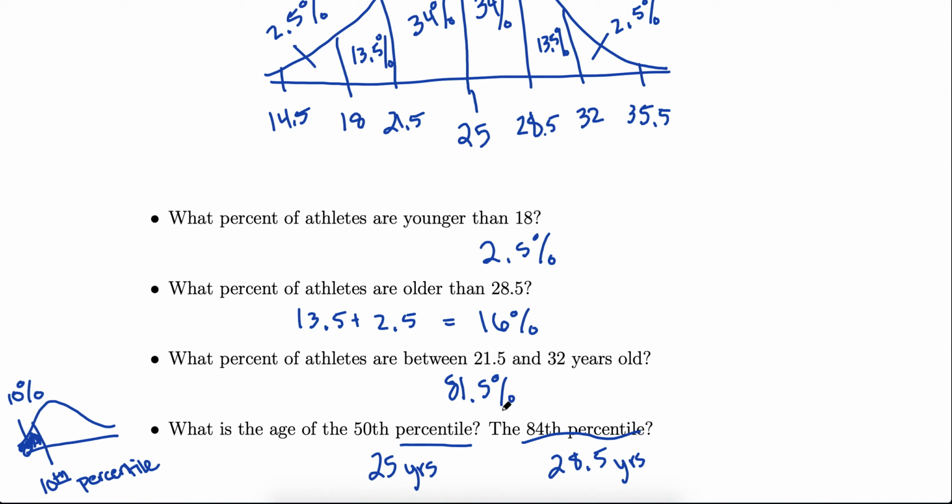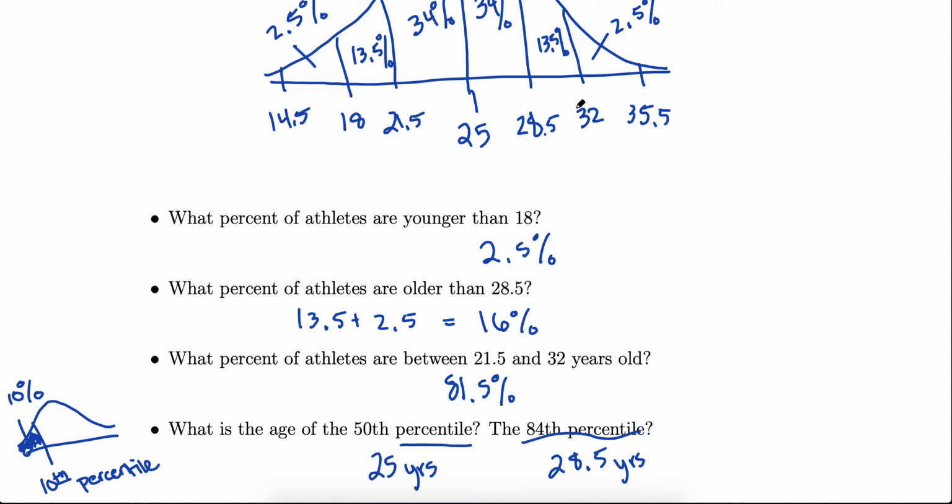What if I asked for the 97.5th percentile? Right, we want the age that has 97 and a half below it, so that would be 32. Has 2.5 above, 97 and a half below.